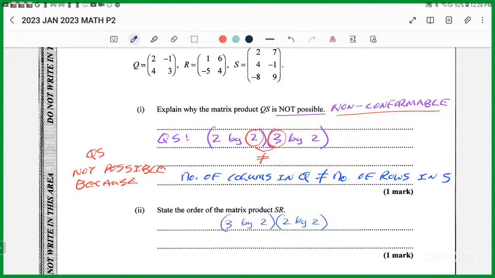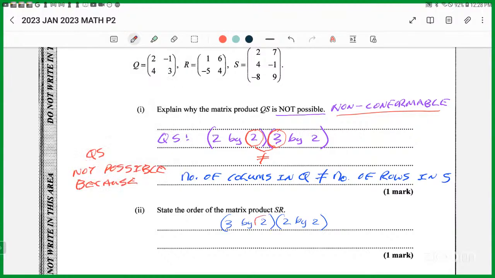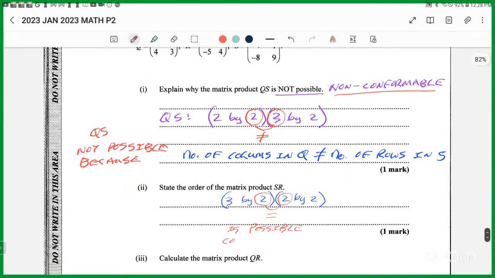In this case, the number of columns in the first matrix is 2, and the number of rows in the second matrix is also 2. They are equal. So therefore, this one is possible, or we say it is conformable. The matrices are conformable for multiplication.